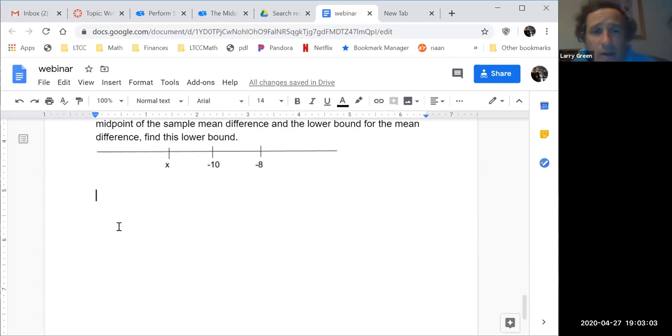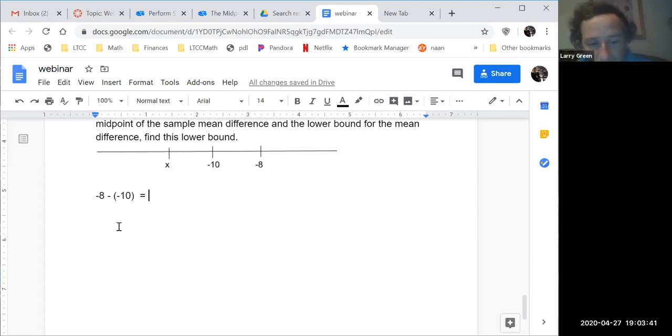Well, what we know is that -10 is a midpoint between these two numbers. So the distance from -10 to -8 is the same as the distance from X to -10. To find the distance from -8 to -10, we take -8 and subtract -10. What's -8 minus -10?